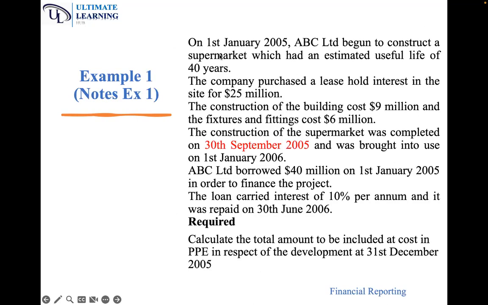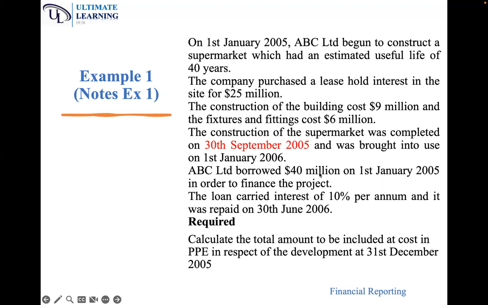So we are going to example 1. Let's read it once more before I go to the Excel sheet. On 1st January 2005, ABC Limited began to construct a supermarket which had an estimated useful life of 40 years. The company purchased the leasehold interest in the site for 25 million. The construction of the building was 9 million, and fixtures and fittings costs were 6 million. The construction of the supermarket was completed on 30th September 2005 and was brought into use on 1st January 2006.